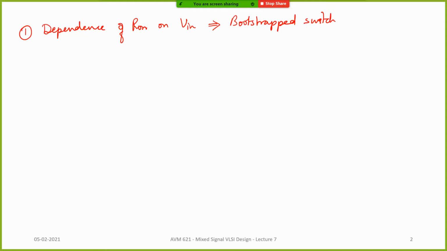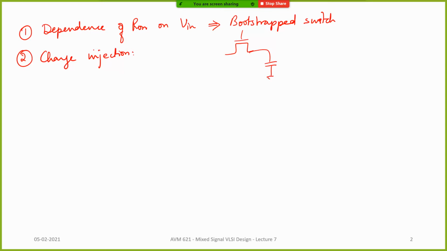amplitude, right? Now, the second effect that we saw in last class was basically called charge injection, right? So what was charge injection? Charge injection was when the switch is turning off, right? Part of the charge in the channel goes and sits on the capacitor, gets deposited on the capacitor, right?